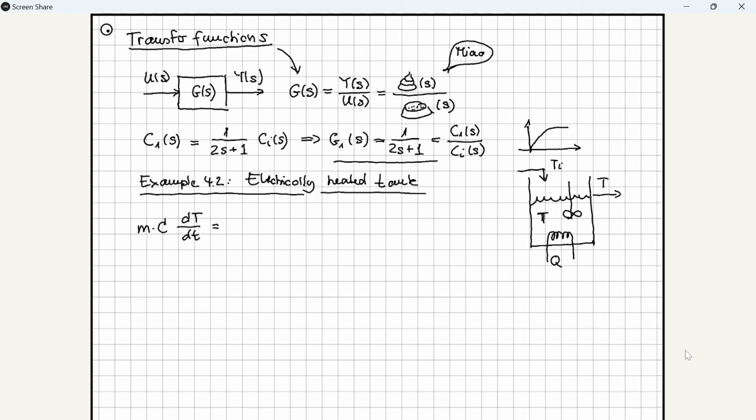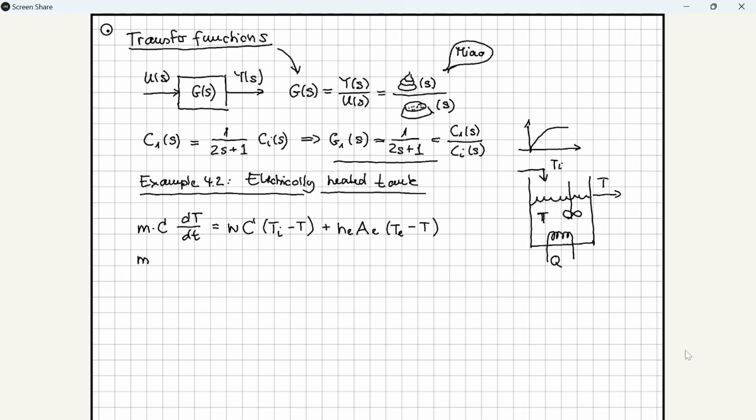This rate of change of temperature is equal to the flow rate times the heat capacity times the input minus the output or the temperature in the tank. And now we're getting electrically added heat, and that is the temperature of the coils minus the temperature of the surface of the coils, which is the temperature in the tank.